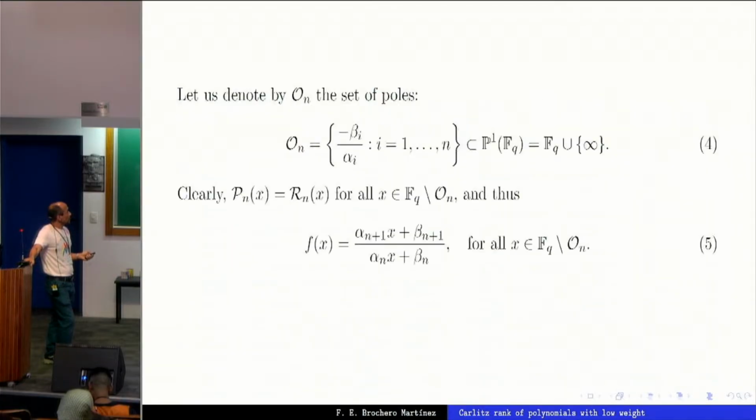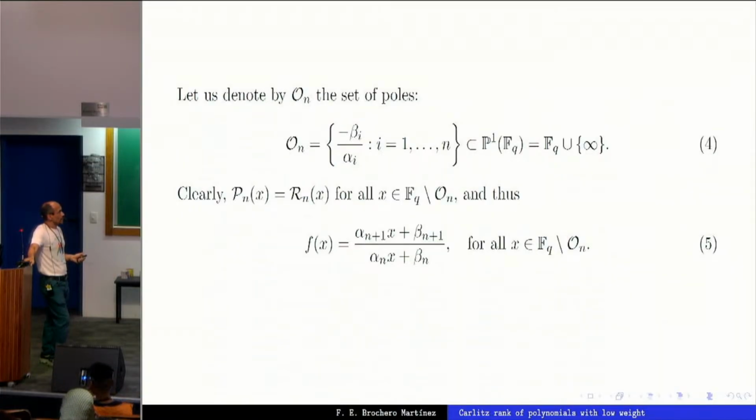They follow from this relation here, that we can find a relation between the Carlitz rank and the degree of the polynomial f, because if we take this relation and multiply it by the denominator, then we obtain a polynomial, and this polynomial has this number of zeros.